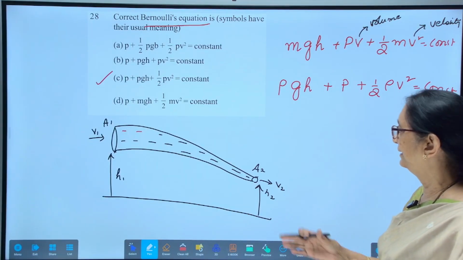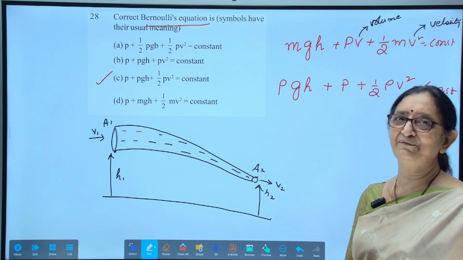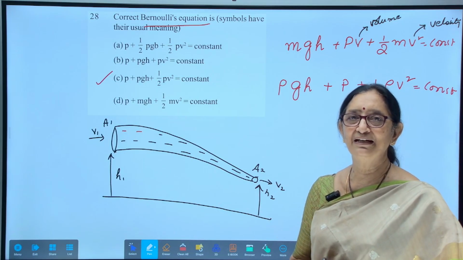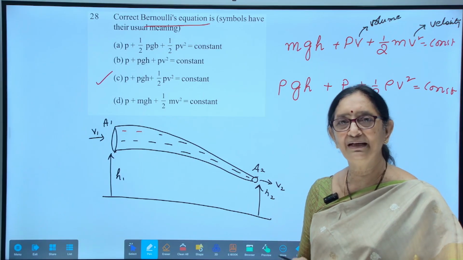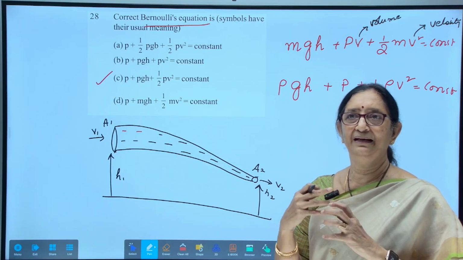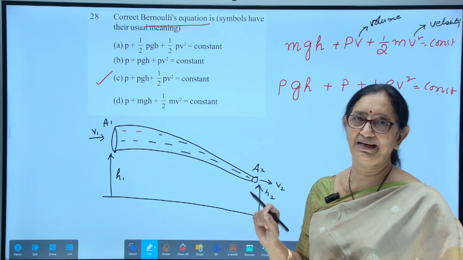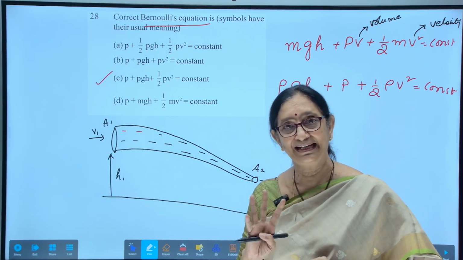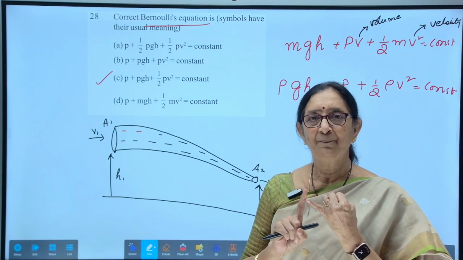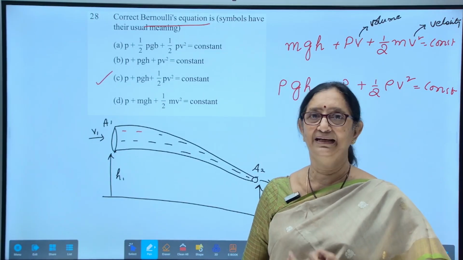Bernoulli's equation. See here, in your textbook, this is a common diagram we have when we are deriving Bernoulli's theorem. Bernoulli's theorem is based on the law of conservation of energy in the case of fluid flow. So, fluid has three kinds of mechanical energies: potential energy, kinetic energy, pressure energy.